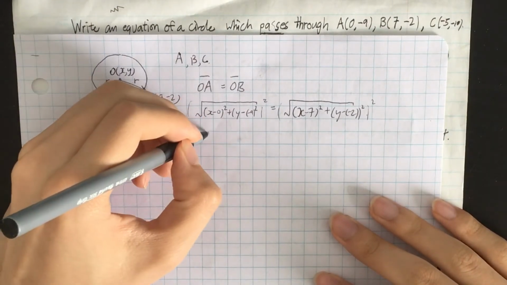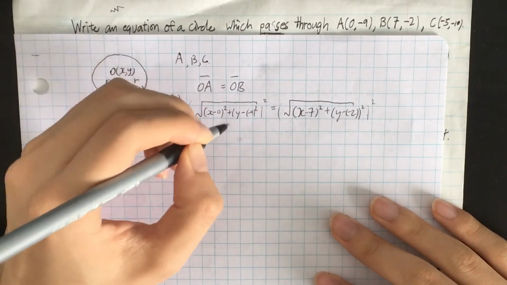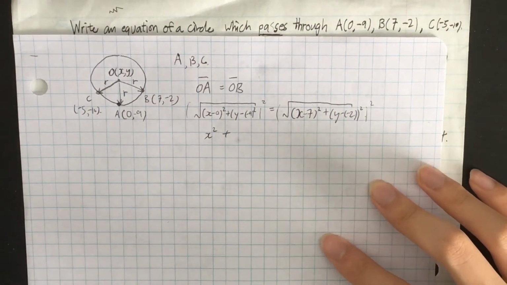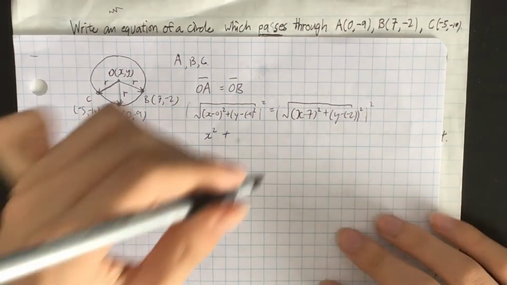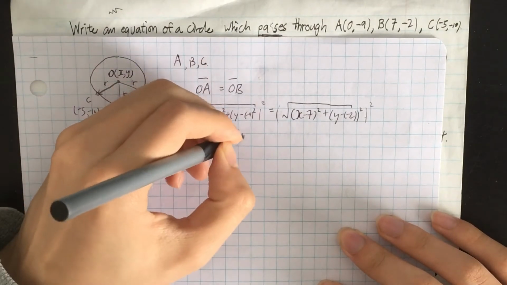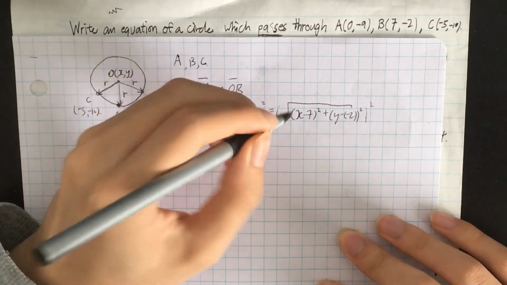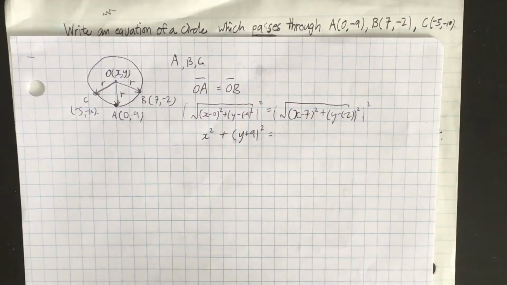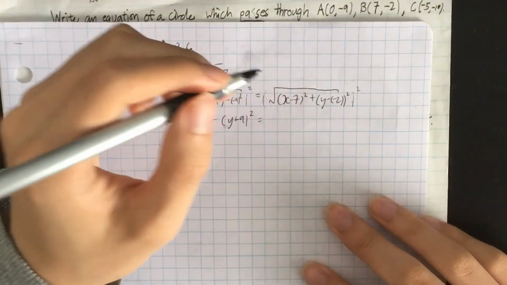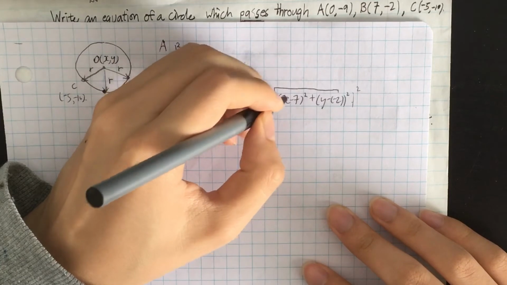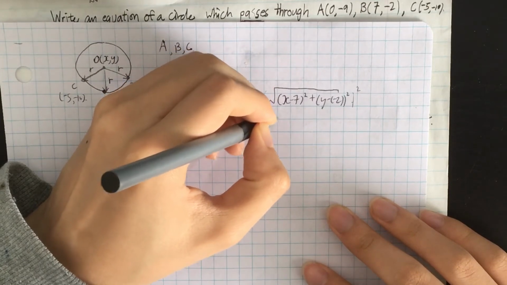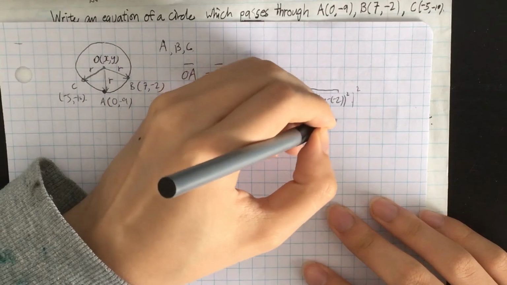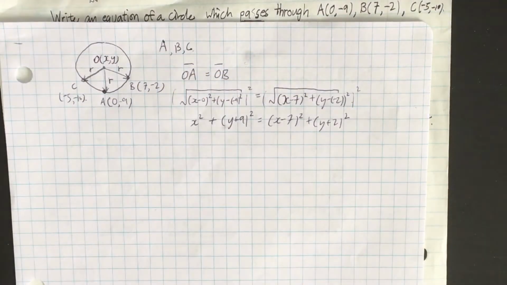Now we are left with x squared plus y plus 9 squared is equal to, well, it's still going to be x minus 7 squared plus y plus 2 squared.